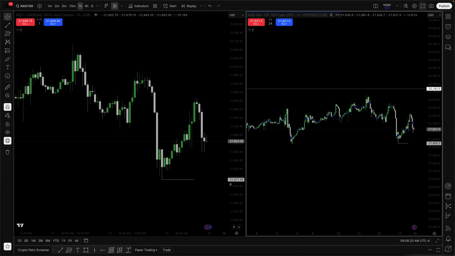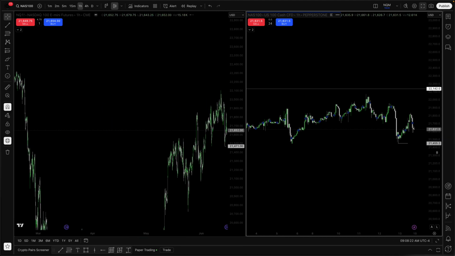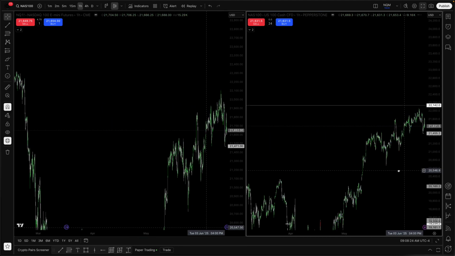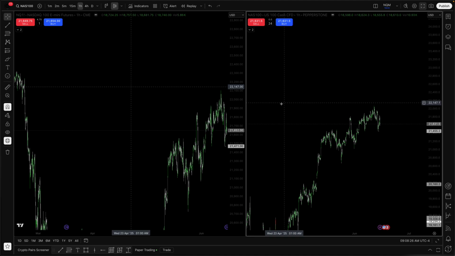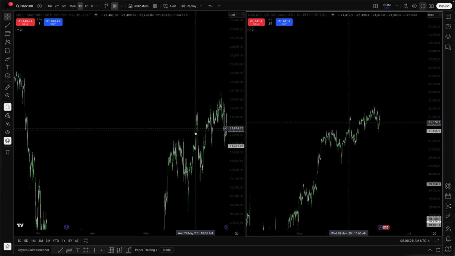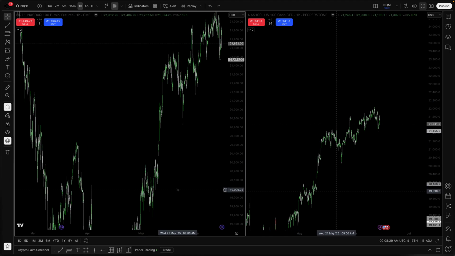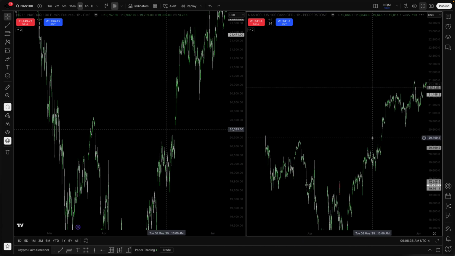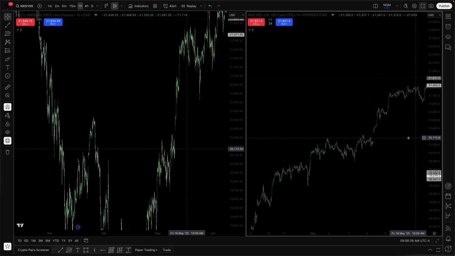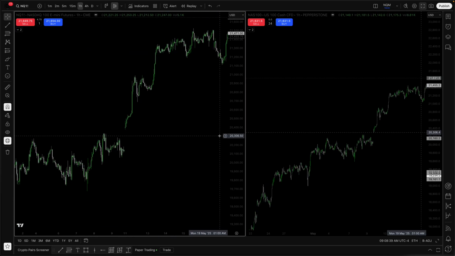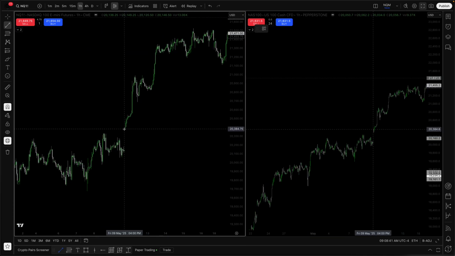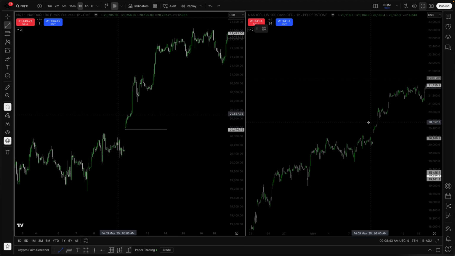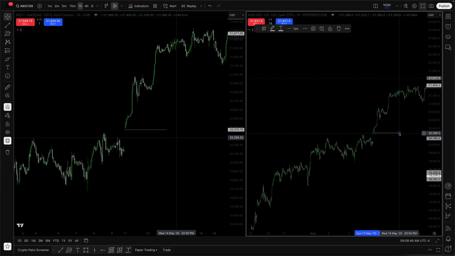However, let me go back a few weeks, and let's say I want to go back to this area, right? So draw a line at the bottom of this candle and the bottom of this candle, right?